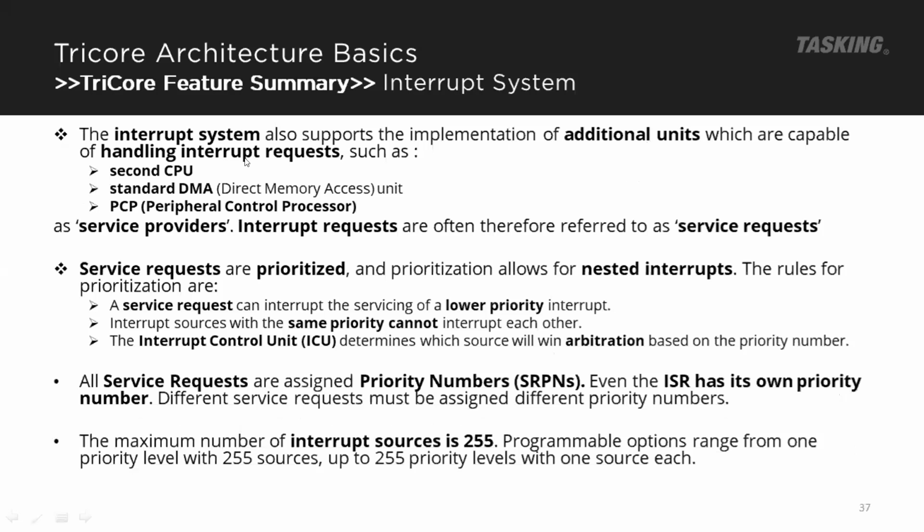Okay, what I really found interesting as well about the architecture is that you could have one CPU that serves your interrupt, or you could have additional units that handle the interrupts you receive. If you have a second CPU, you could use it to serve an interrupt, or if you have a DMA unit, you could use it to handle the interrupts, or you could even have a coprocessor like the PCP, or peripheral control processor, to handle your interrupts.